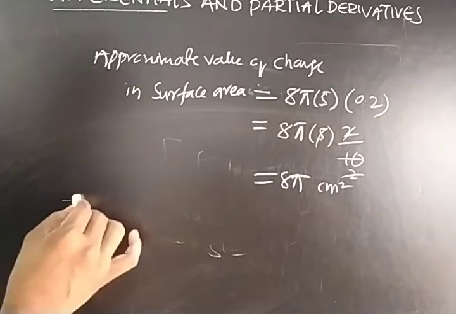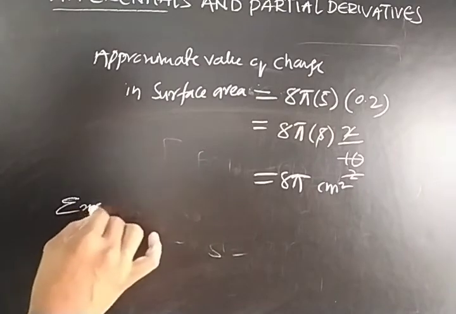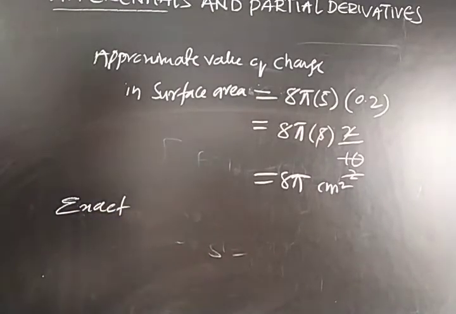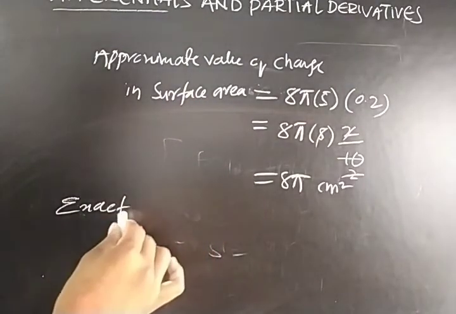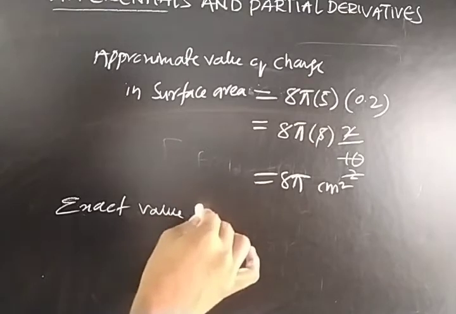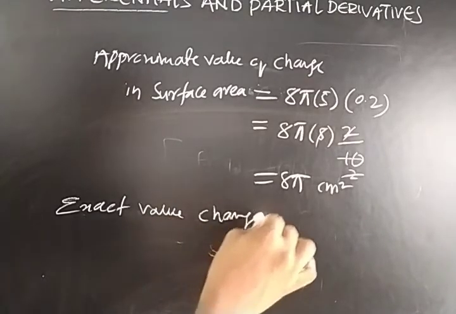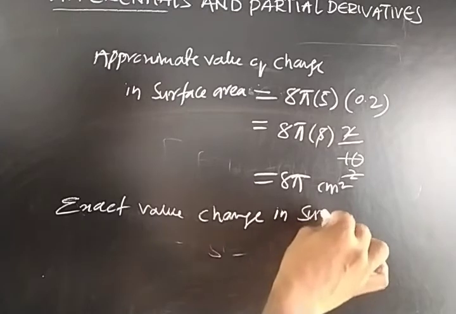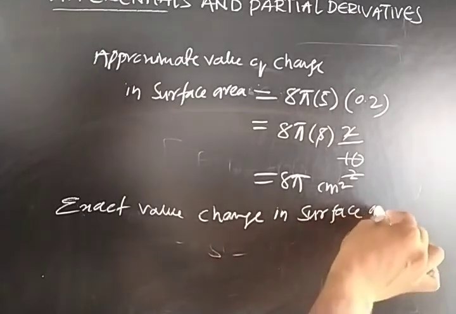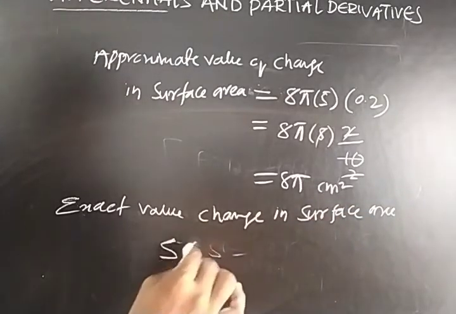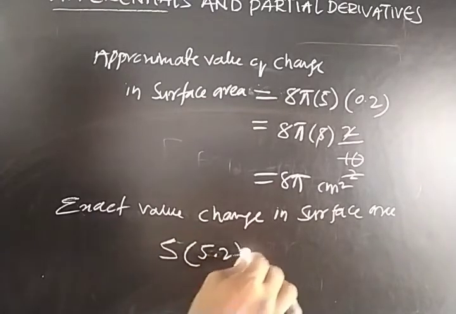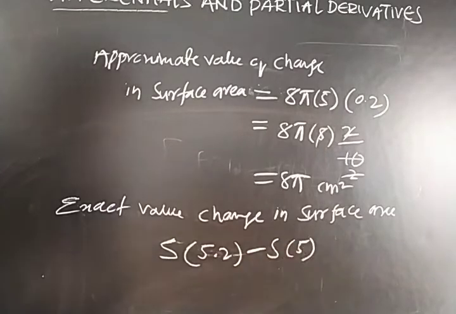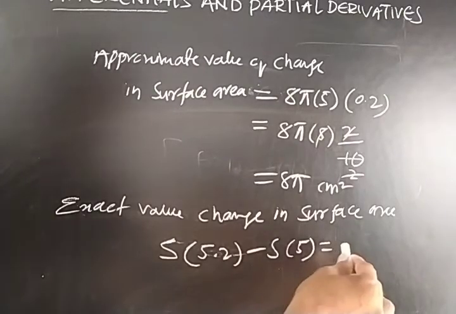What is the exact change in area? We need it because we want the percentage error, and for that we need the approximate value and the exact value of the change in area. The exact value is S of 5.2 minus S of 5.